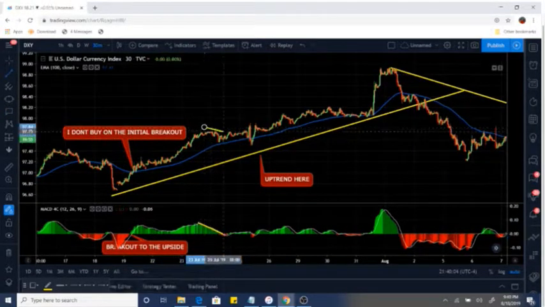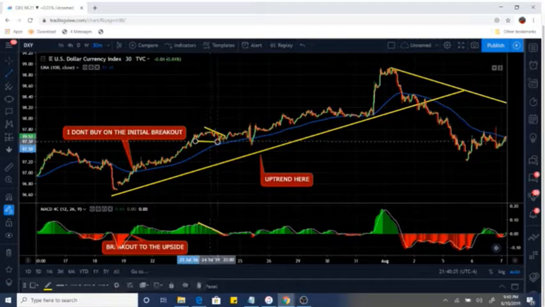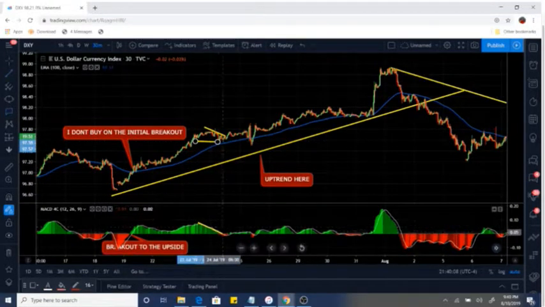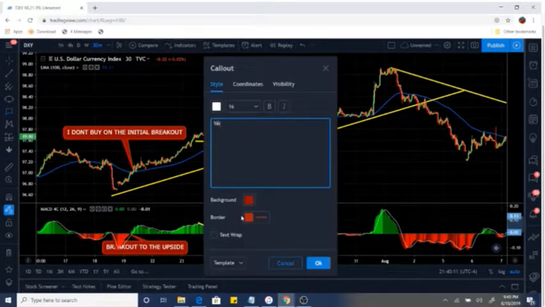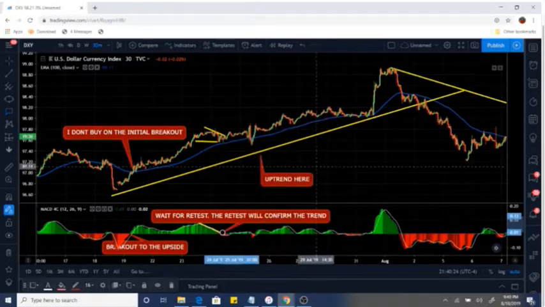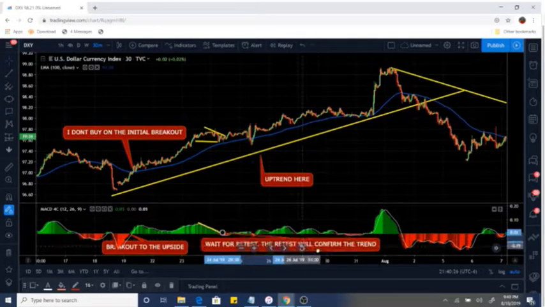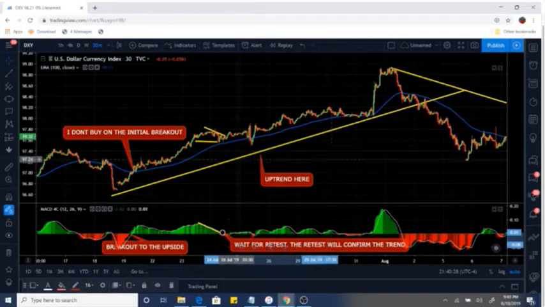That would have been right around here. The retest will confirm the trend, which it did.